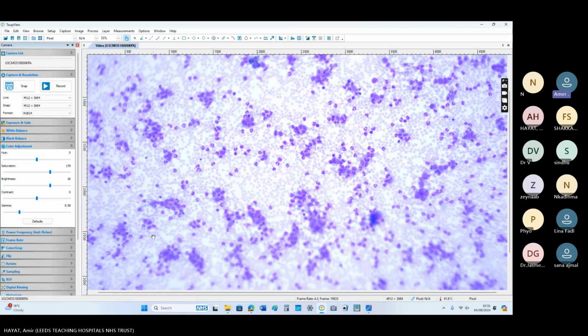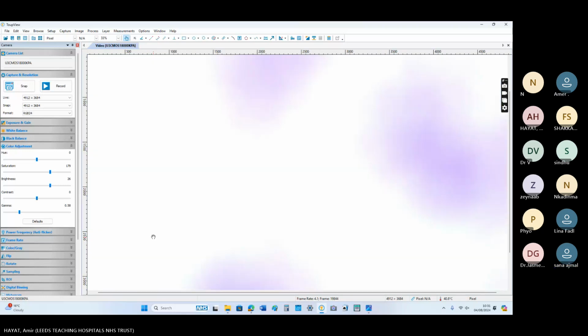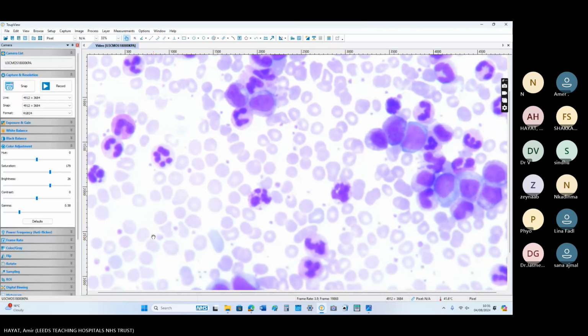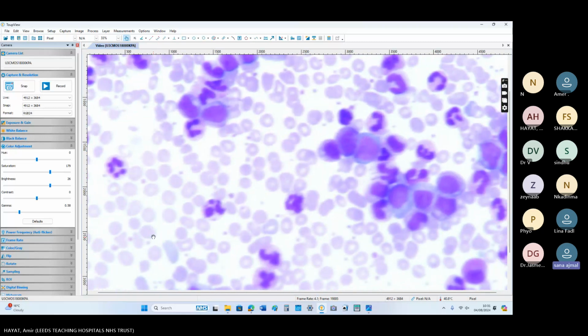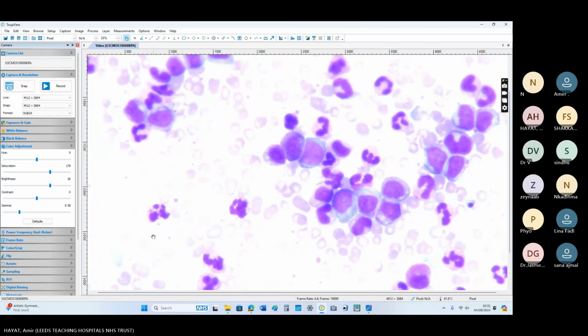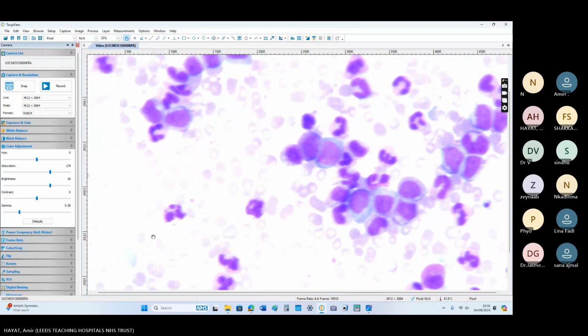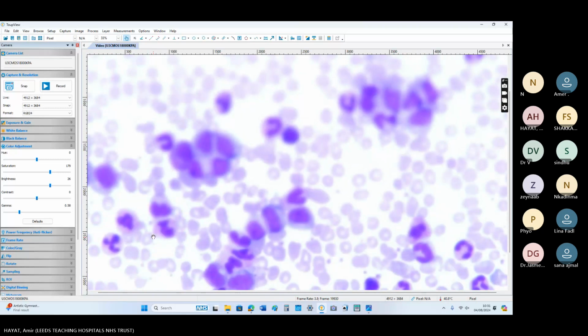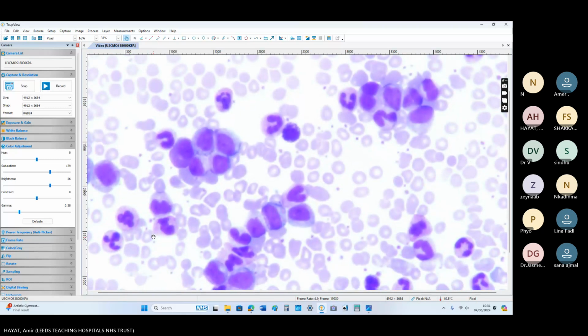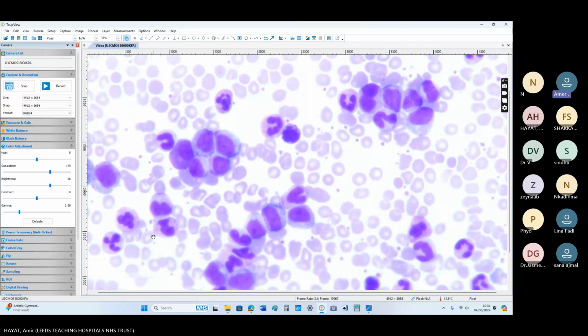All right, I will go to power 50. I think this picture has all the cells that you need to know for the diagnosis.